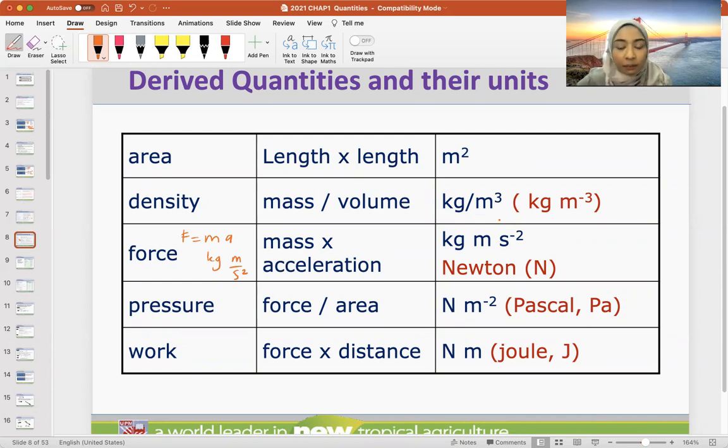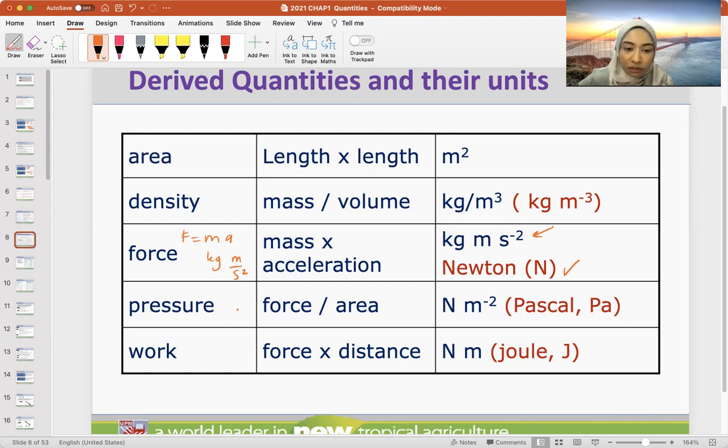It's not wrong. But if they ask you to put in the SI unit, you have to put Newton. But if they didn't ask and you want to use this one, it's fine. It means the same thing as Newton. So kilogram times meter over second squared is equal to Newton. The SI unit for force is Newton.